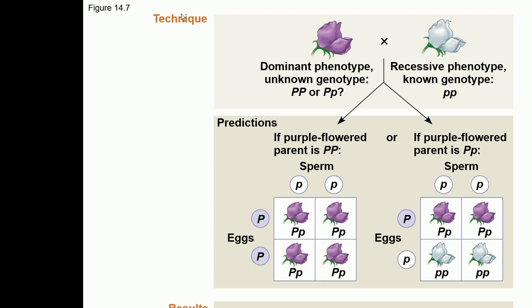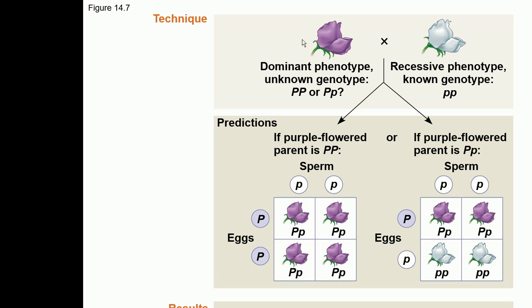So how do you know if they are pure purple, or how to know if they are homozygous or heterozygous? How do you know if the flower is both capital P's or one capital P and small p? The way to do it is the test cross.